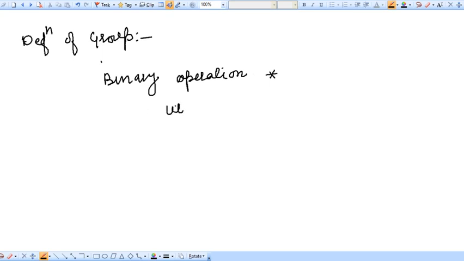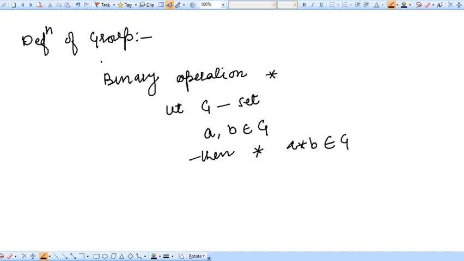Let G be any set, and A and B are two elements of this set G. Then star will be known as a binary operation if A star B also belongs to G.